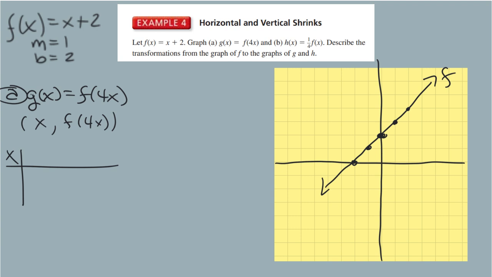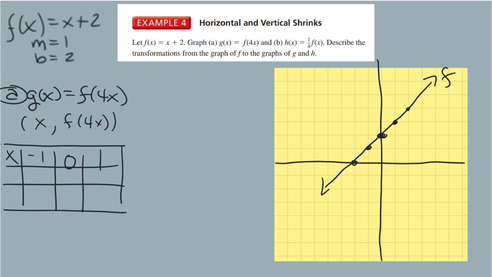This is 4, so I'm going to use -1, 0, and 1. What are we doing? We're looking first for the inside, which is 4x, to then ultimately look for f of 4x, the ordered pairs of these, with x.